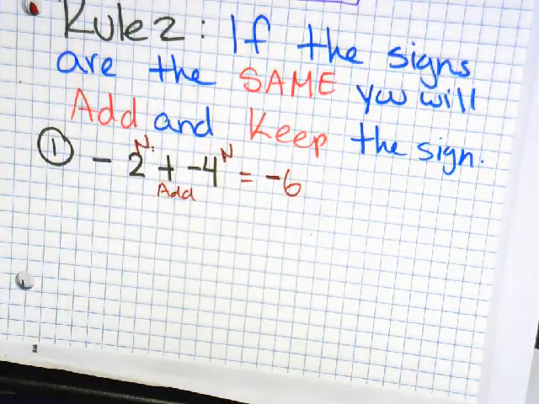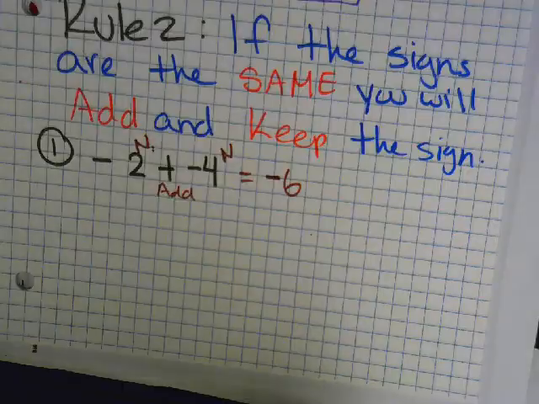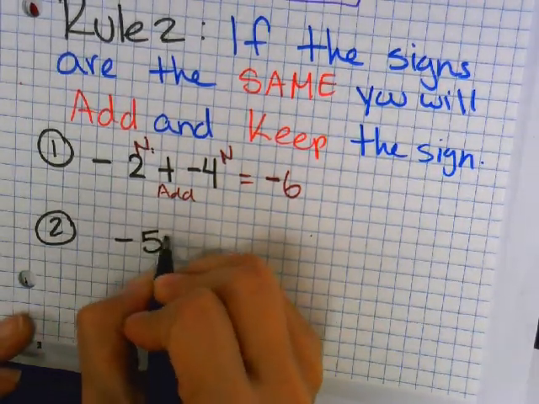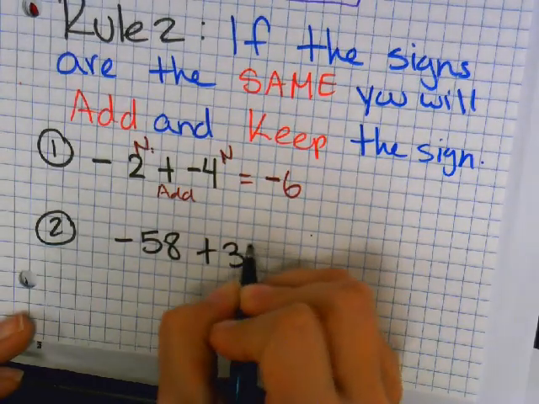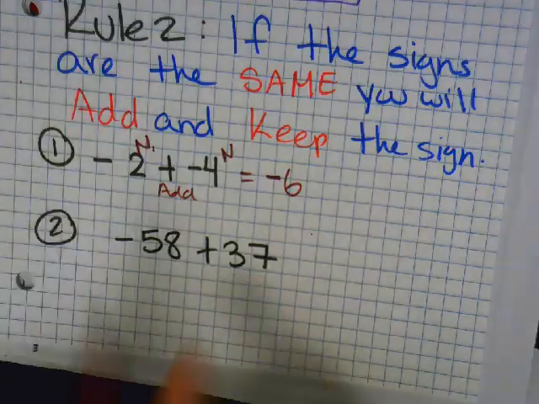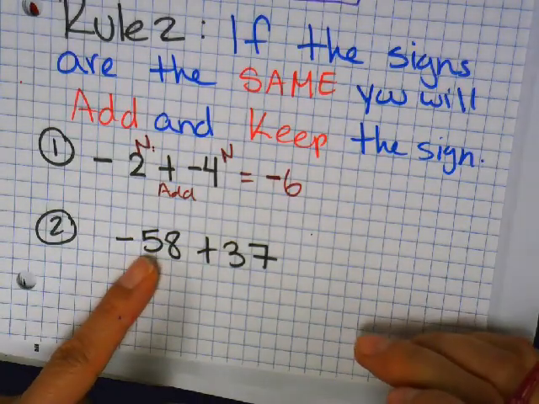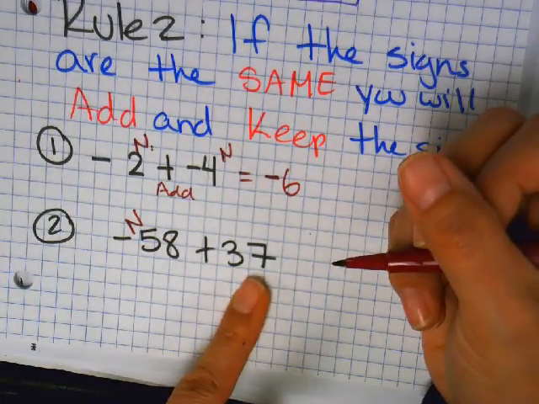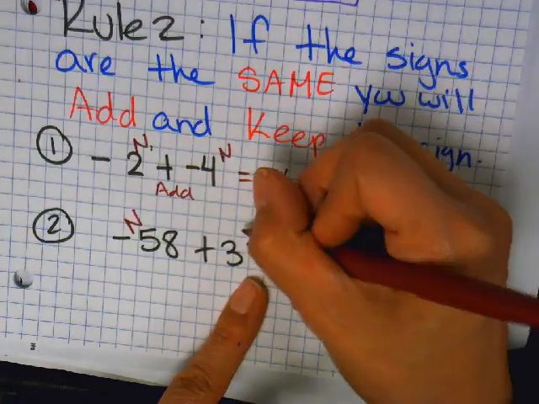So, pretty easy. But what if, number 2, I give you bigger numbers, like negative 58 plus 37? Is this a positive or a negative? This is a negative. This one is a positive.